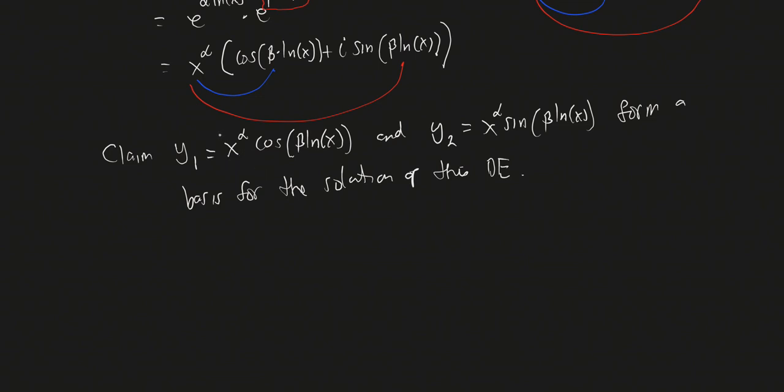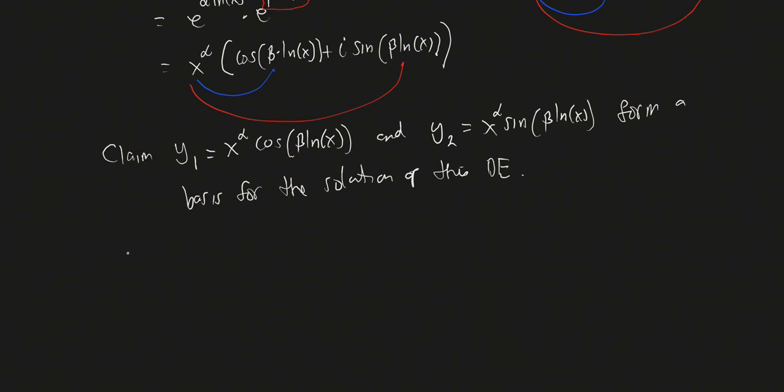Remember, an alternative way of establishing the linear independence of two functions is to show that the ratio of the two functions is never a constant, right? So to show that this is not a scalar multiple of this.